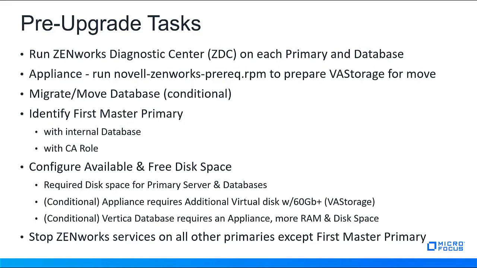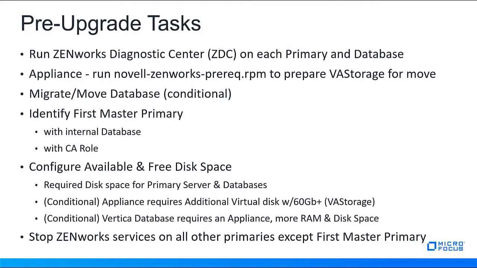We have a DB migration tool that will migrate from Sybase to Postgres. Or if you're moving the database to some other platform, this might be the time to do it before you actually do the upgrade. If you do this particular step by migrating or moving the database, make sure you have another few days for it to settle in before you actually make the move to 2020.